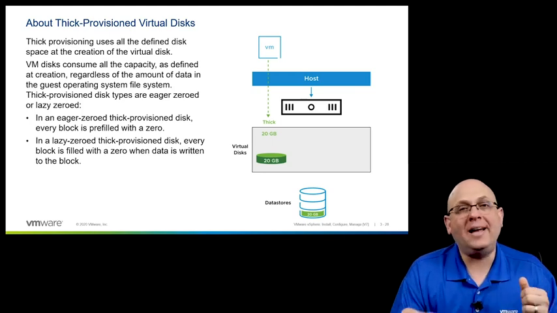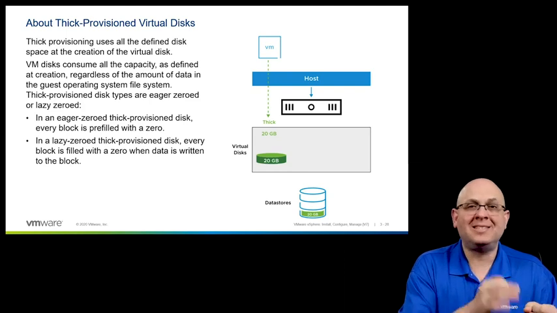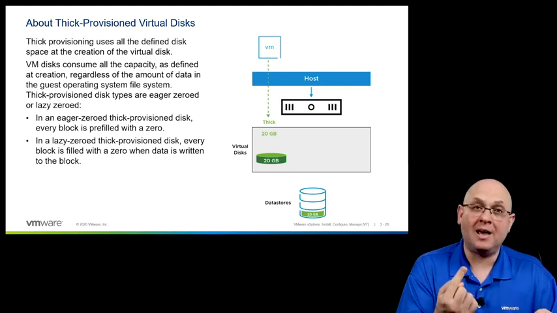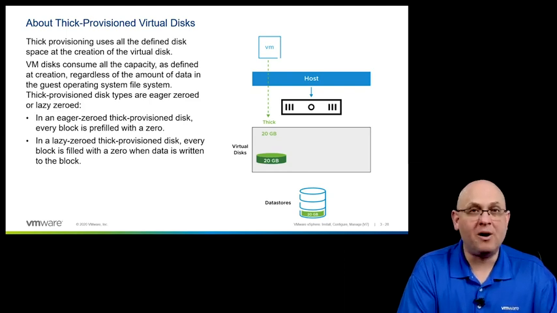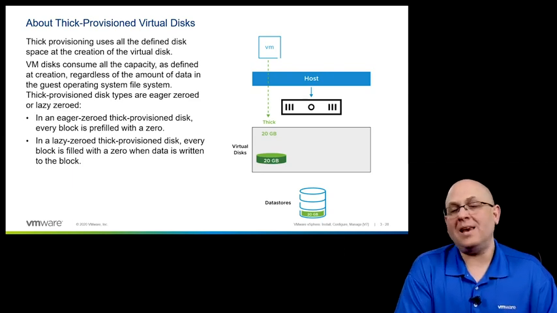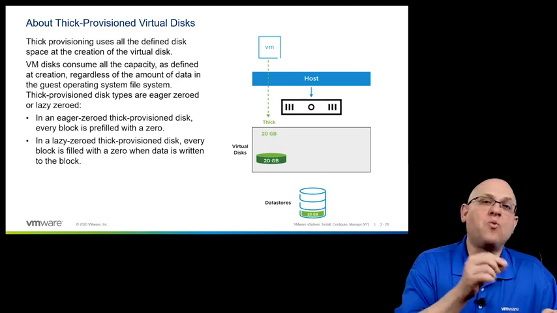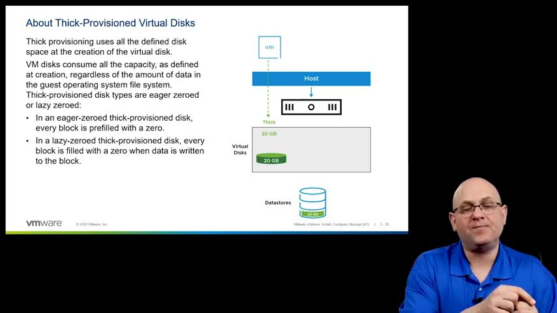Anytime we want to write to a block of storage, that block has to be written first, at least once, with zeros before we can actually write our data to it. So when you create an eager zero disk, we pre-write all of those zeros.